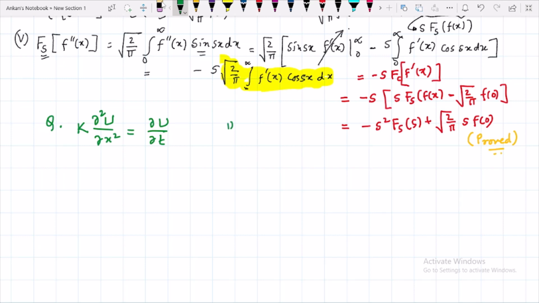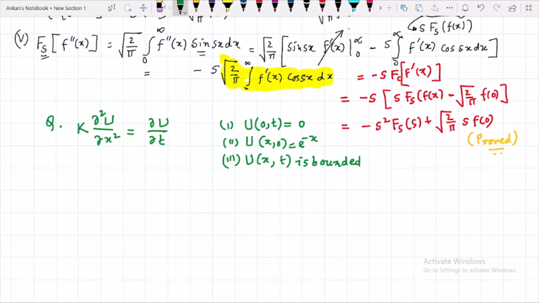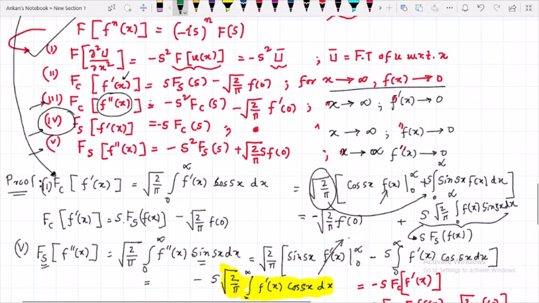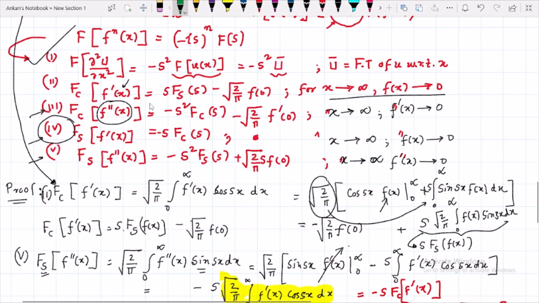The conditions you are given: u at (0, t) is 0, and u at (x, 0) is e to the power minus x. All the conditions you apply should be bounded. Now I have mentioned all the formulas in sine and cosine terms. All the formulas mentioned here are based on the sine and cosine transforms: cosine, cosine, sine, sine.